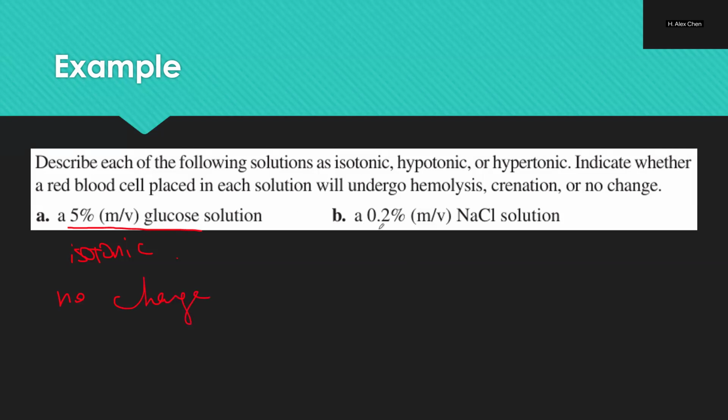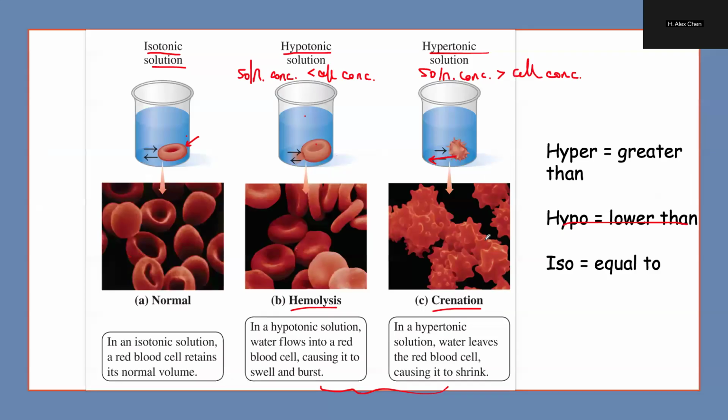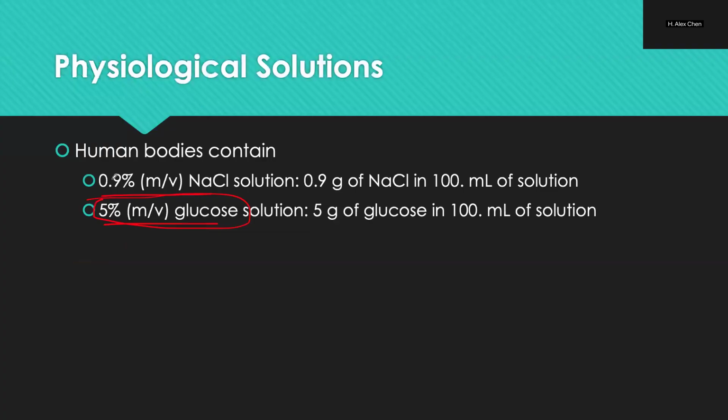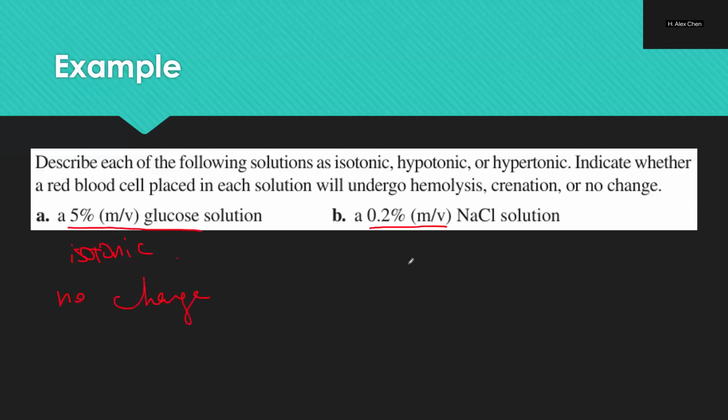Let's look at case B. We have a 0.2% mass over volume sodium chloride solution. Let's look at our chart for physiological solutions. In order to be isotonic, we need 0.9% sodium chloride. So in this case, 0.2% is far less than 0.9%. So I'm going to say that the solution concentration is less than the cell concentration.